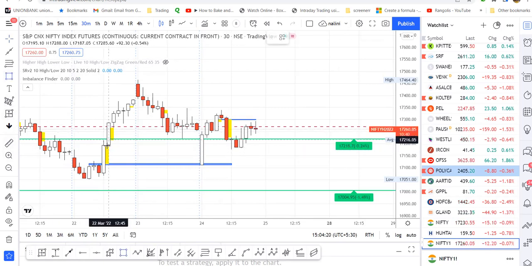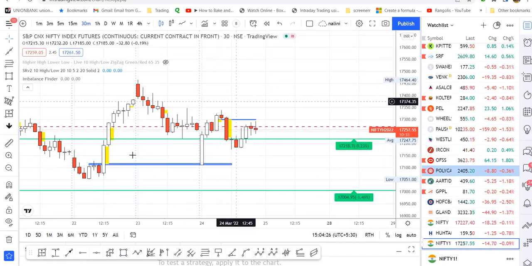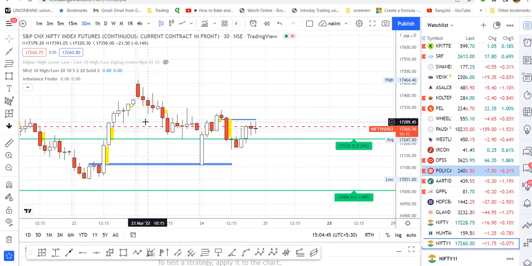The yellow area is the imbalance area. Imbalance area means only buyers were there, so there was no balance between the buyer and seller. In this area, you can see balance. In these two areas, no balance. And here there is balance: buyer, seller, buyer, seller.